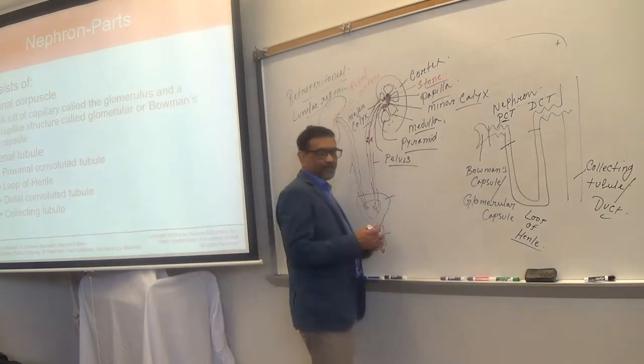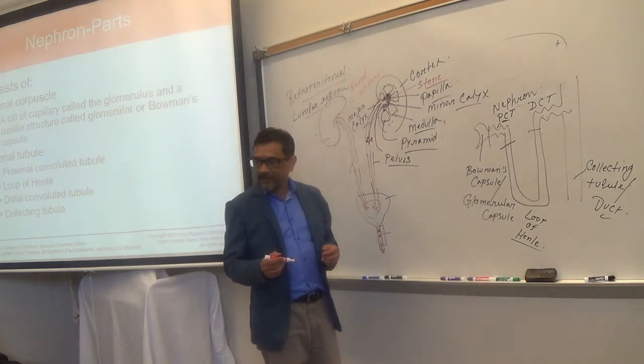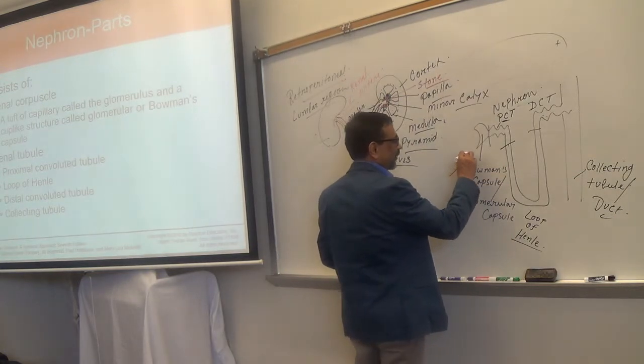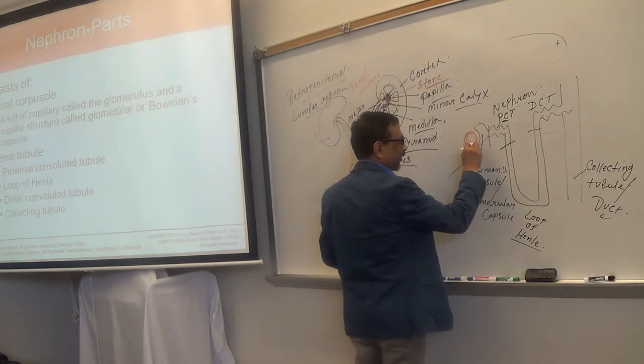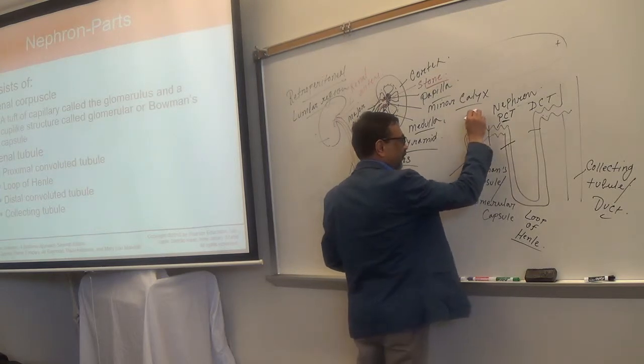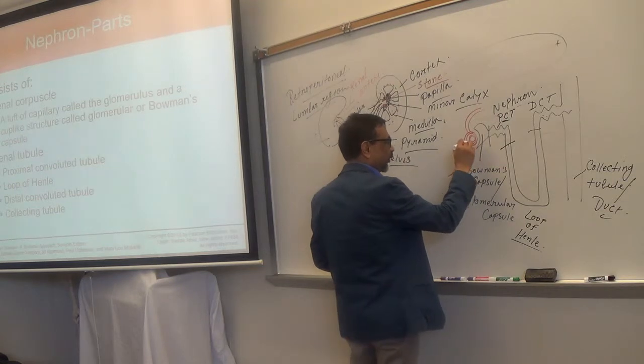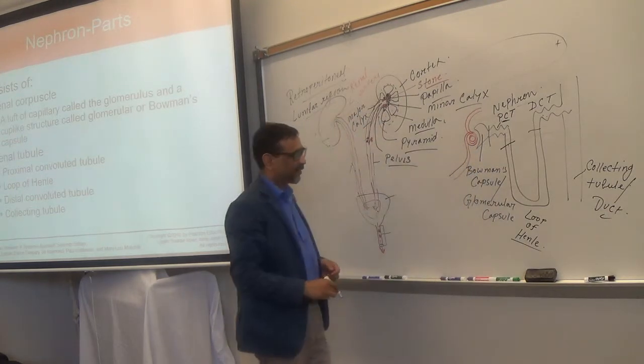Now how does the nephron produce urine? We know that filtration is the process of urine formation that I mentioned at the very beginning today. Kidneys produce urine by filtration.